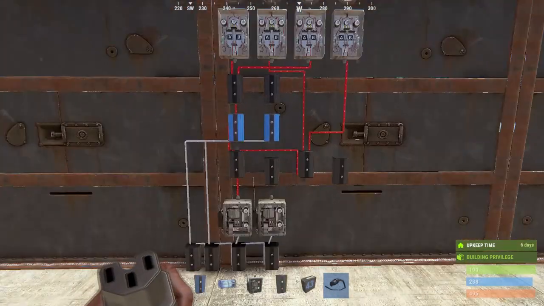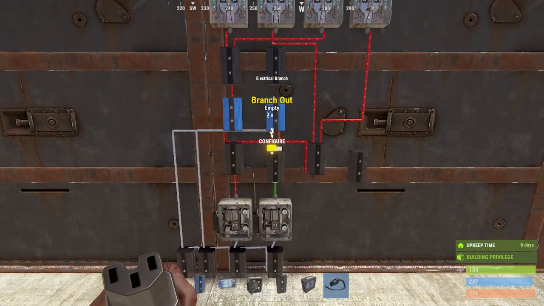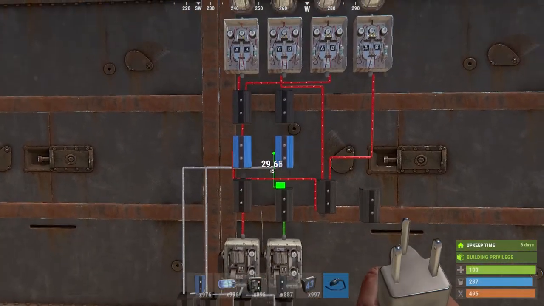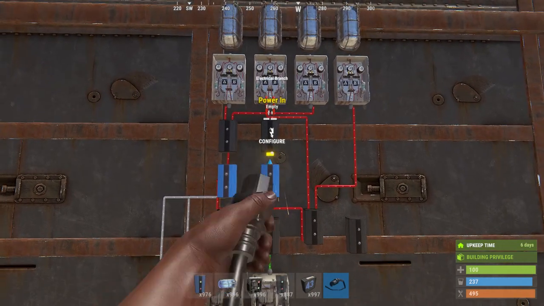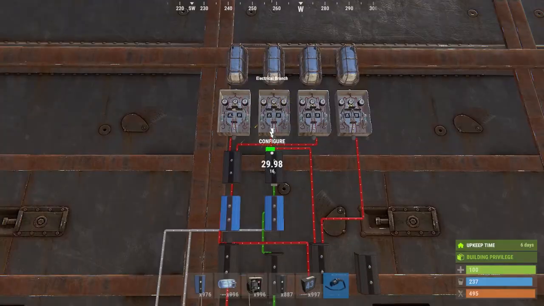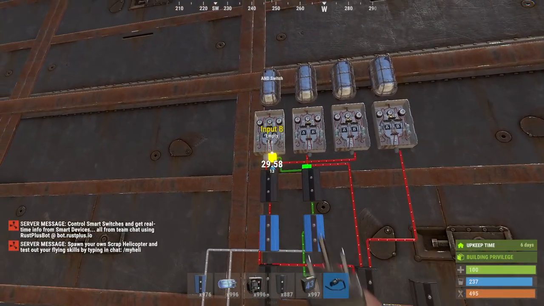Next is the B line, represented by the green wire. Take your power up to the side of the blocker, and then to the branch, which you'll connect to AND gates 1 and 2.